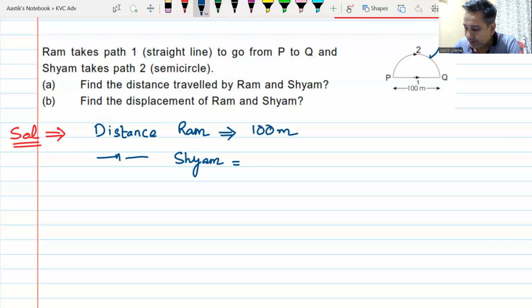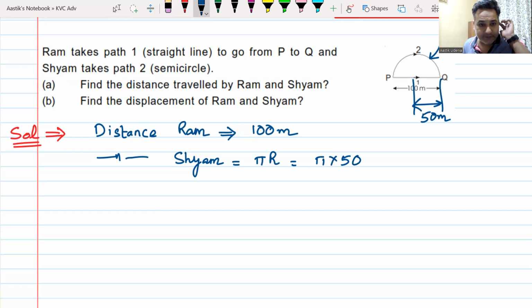It is the length of the path. This path is a semicircle. The radius of this semicircle is 50 meters. Yes or no? Yes. So it will be equal to pi multiplied by r. Yes or no? Yes, sir. Pi multiplied by 50. So the answer will be 50 pi. Do we understand this? Yes, sir.